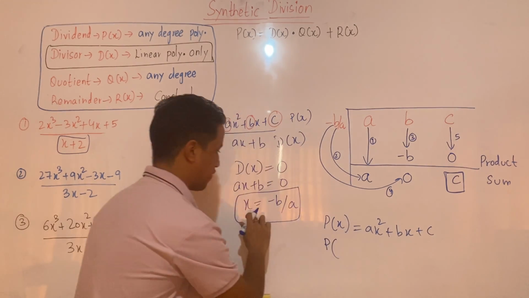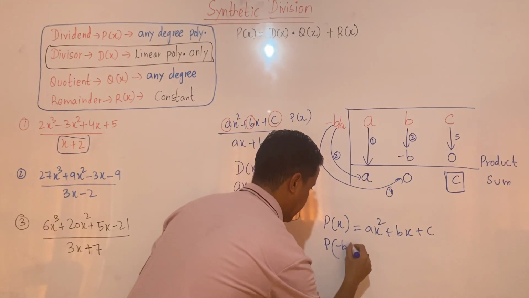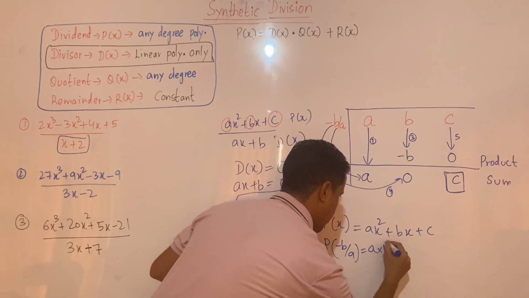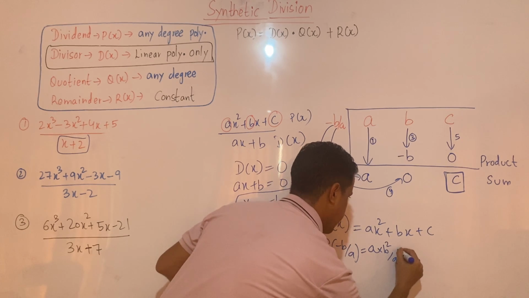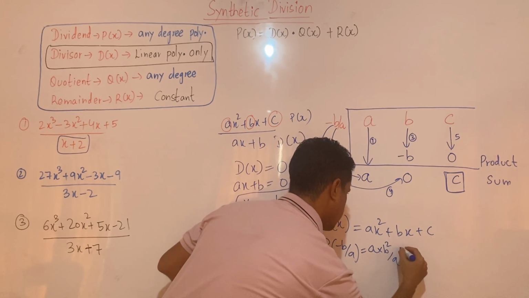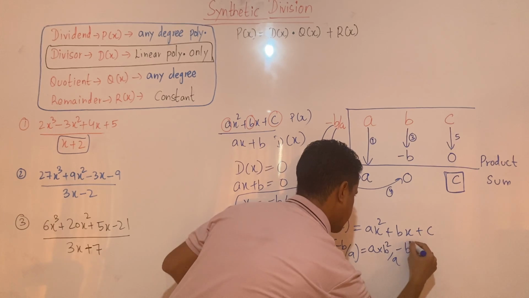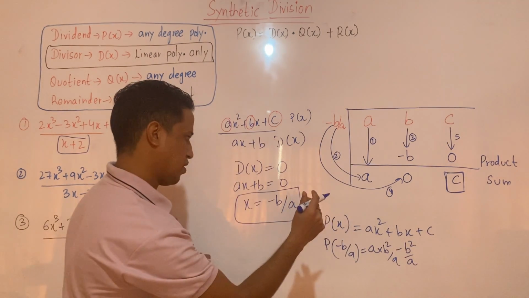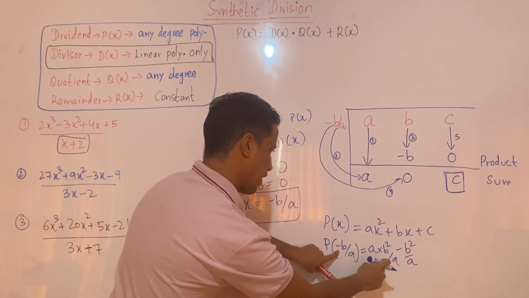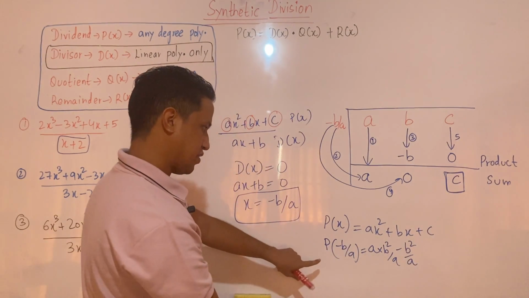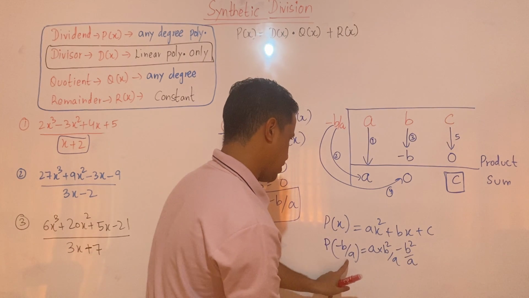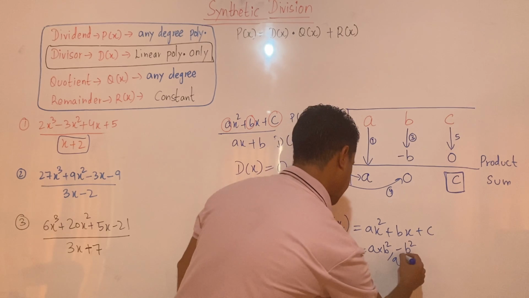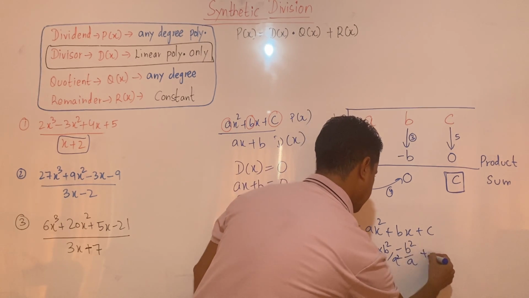It would be a times b square by a square, minus b square by a, plus c.